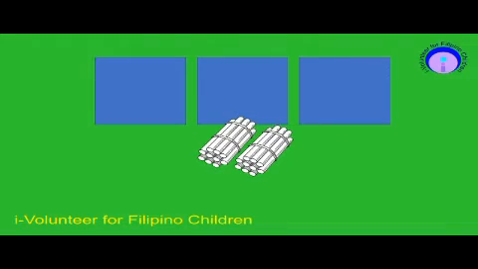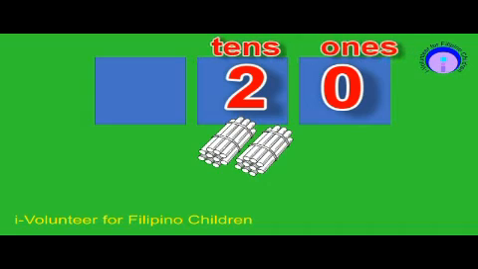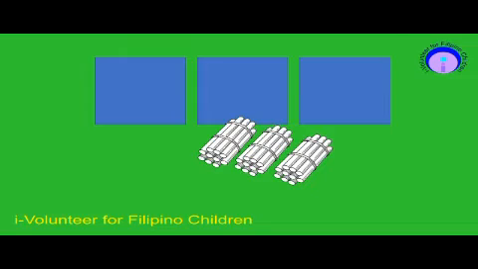Let's move on to the next level. How about this number of magic sticks? Digit 2 will be written on the tens place, while digit 0 will be written on the ones place. How do you write this 3 bundle of magic sticks?